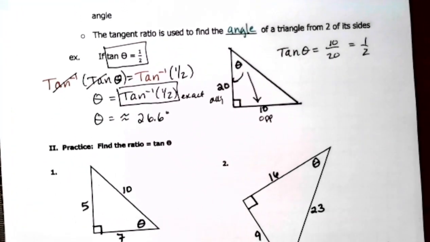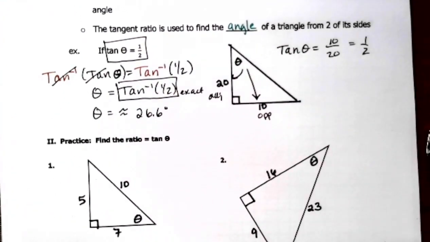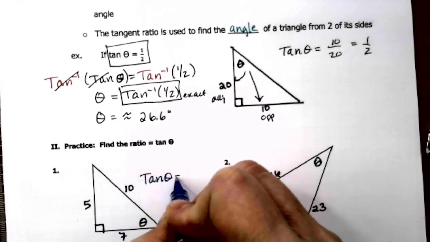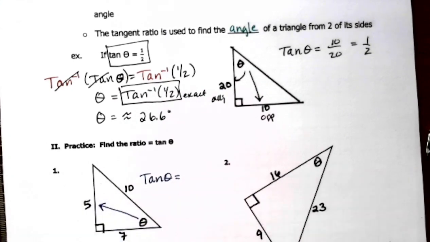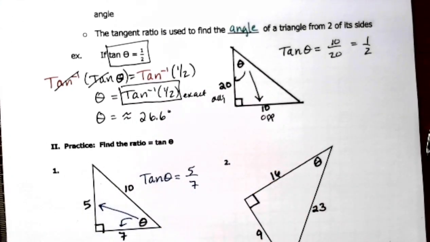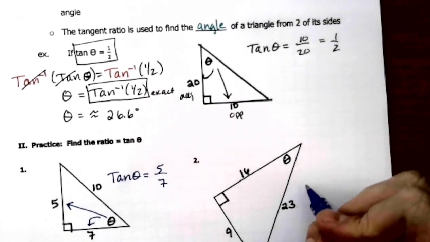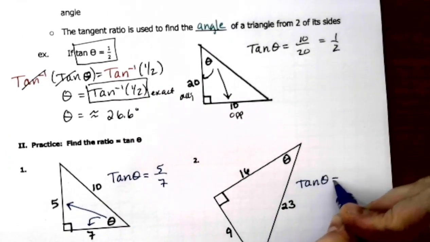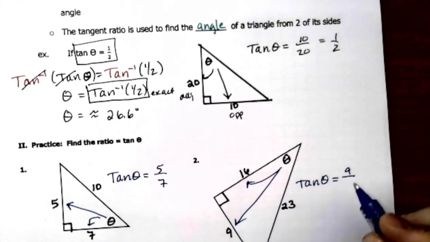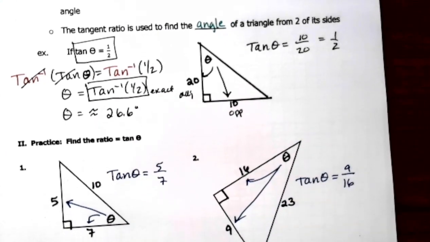Okay, so let's do some practice. Find the ratio of tangent theta. Tangent of theta equals opposite, which is 5, over adjacent, which is 7. So 5 over 7. On number 2, tangent of theta equals opposite, which is 9, over adjacent, which is 16.